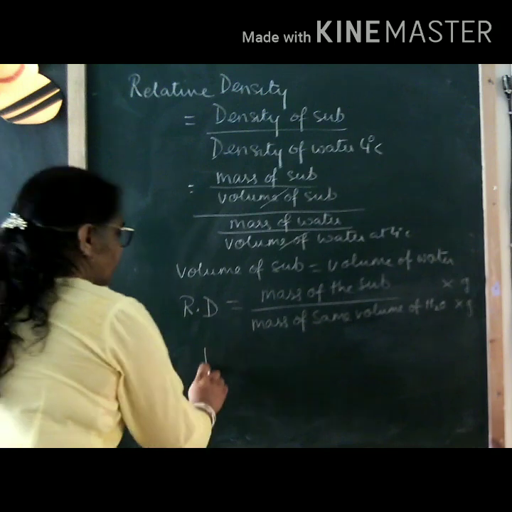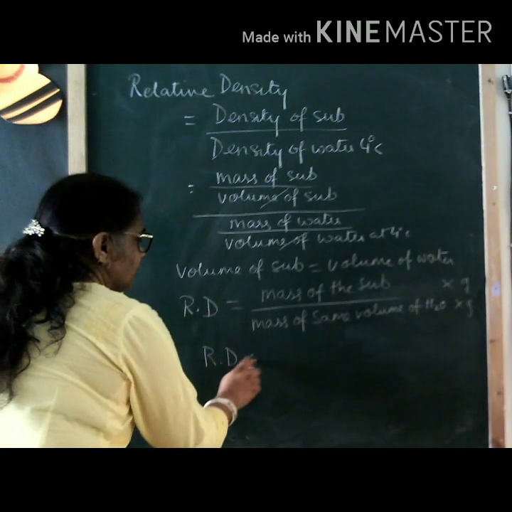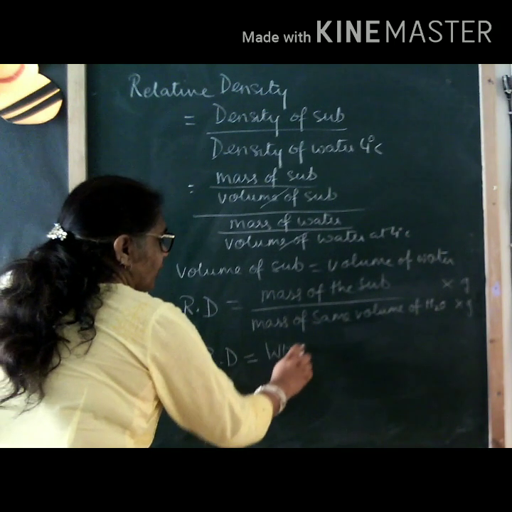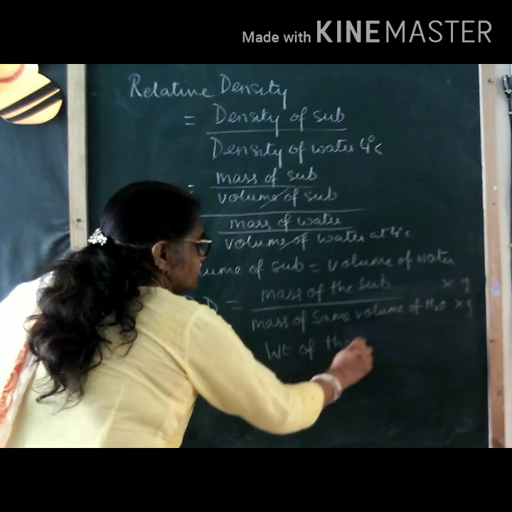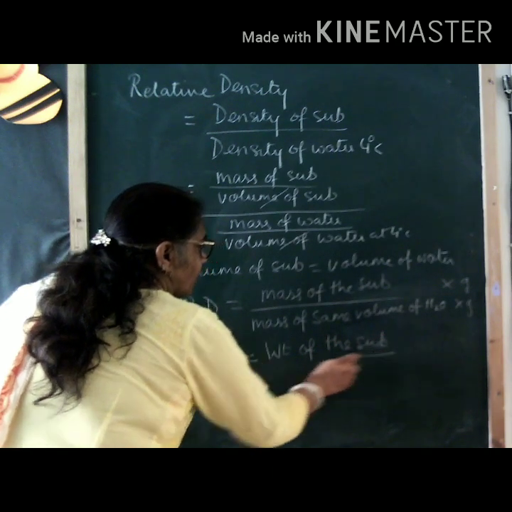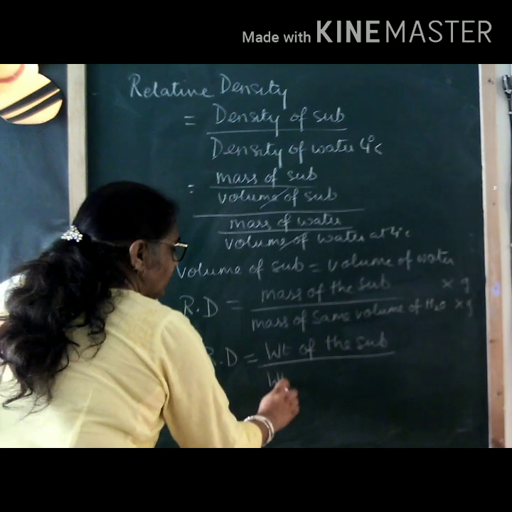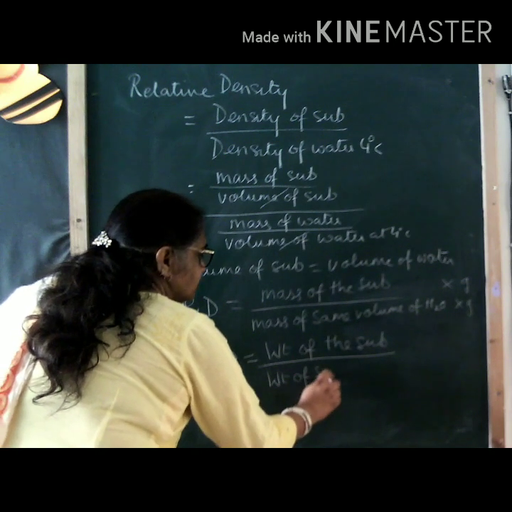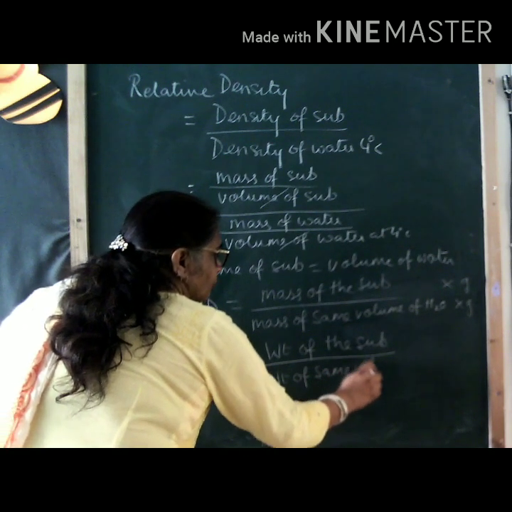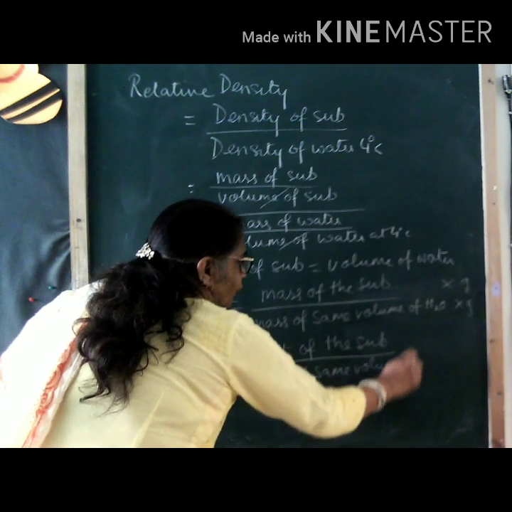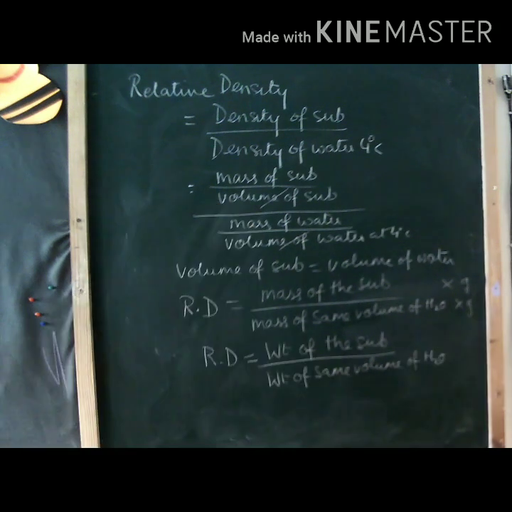So I have relative density is equal to weight of the substance upon weight of same volume of water. Now that means finally we have written relative density in the format weight of the substance upon weight of same volume of water.